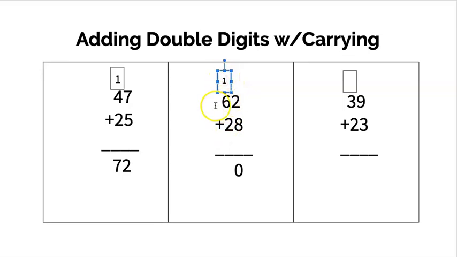So 1 plus 6 is 7, and then 7 plus 2 is 9. So our final answer would be 90.